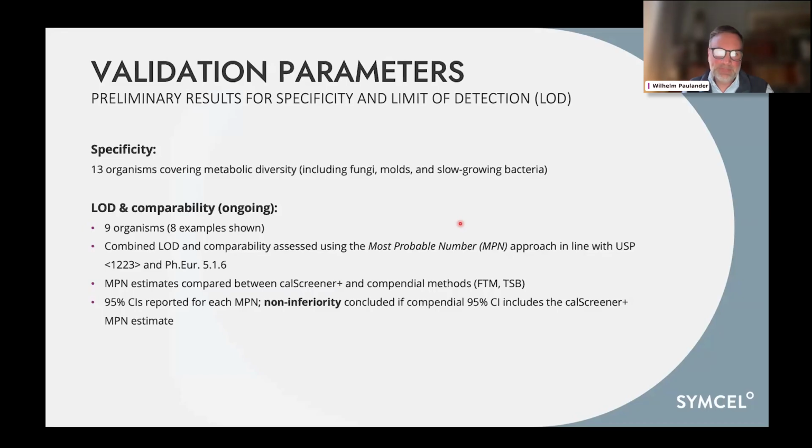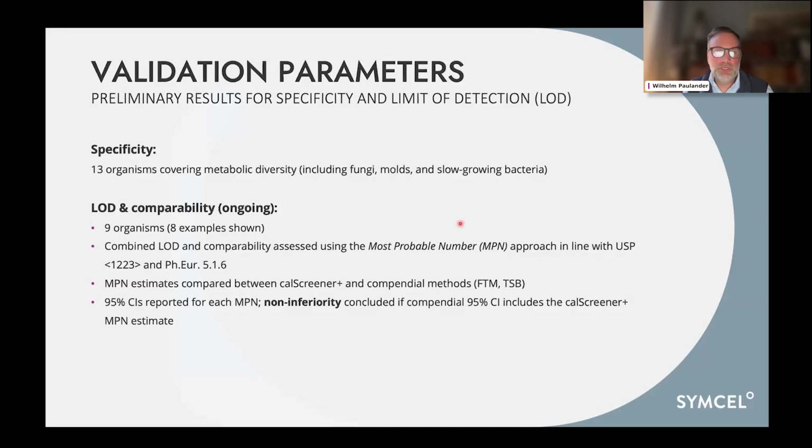For the LOD, that is still ongoing, but almost finished, we have done a LOD and a comparability assay at the same time. We are going to do it for 9 organisms. I will show you 8 today. We are following USP 1223 and European Pharmacopoeia 5.1.6.